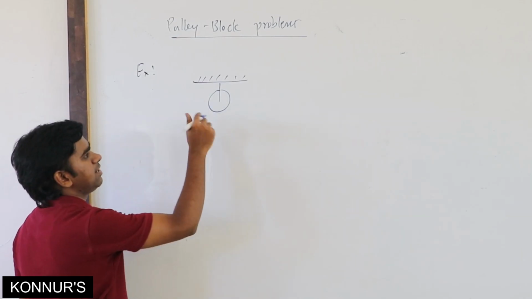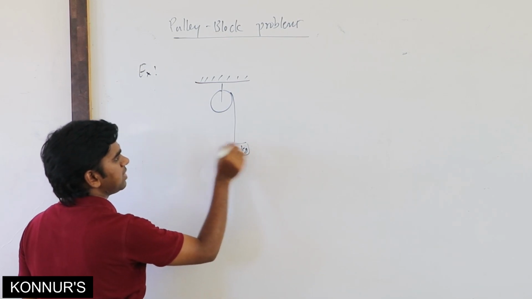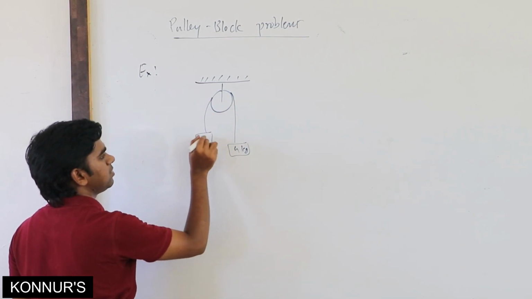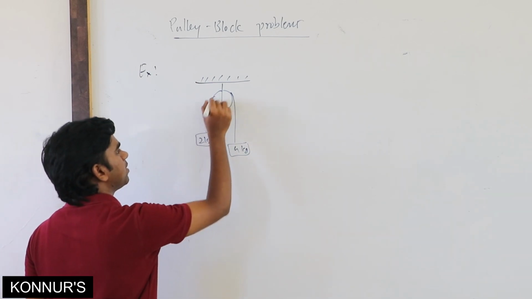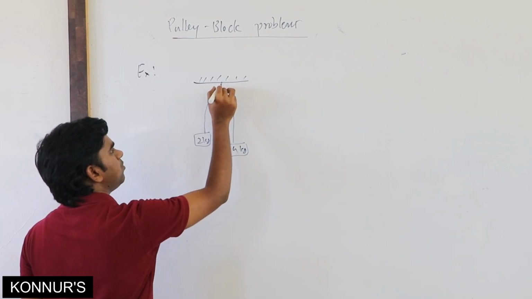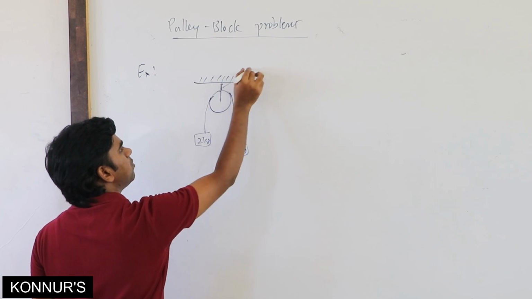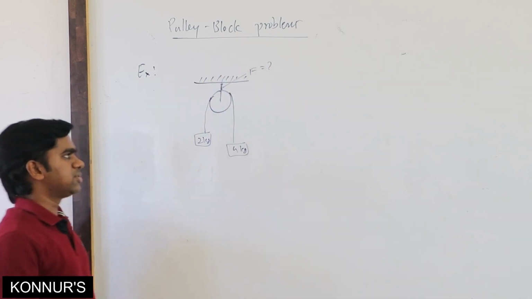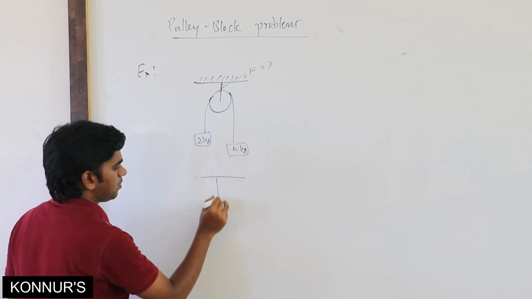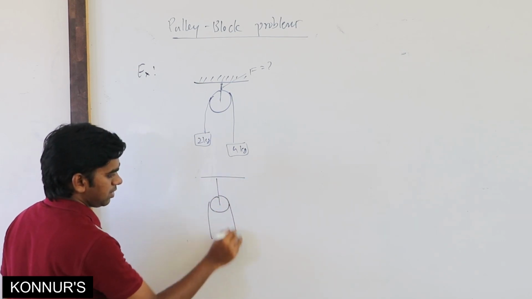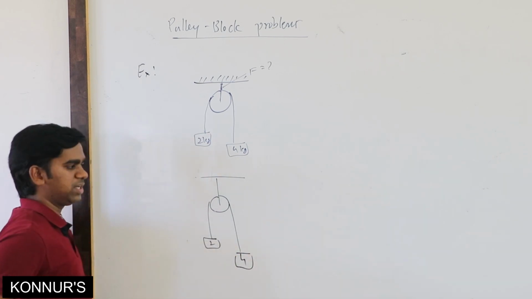So suppose I take a next example, suppose a body of mass 4 kg is connected here and a body of mass 2 kg is connected here. Okay. So here they will ask, what is the force exerted by the pulley on the roof? This force they will ask sometimes. Okay. So if I redraw it, here you have mass 4 kg, here you have mass 2 kg.